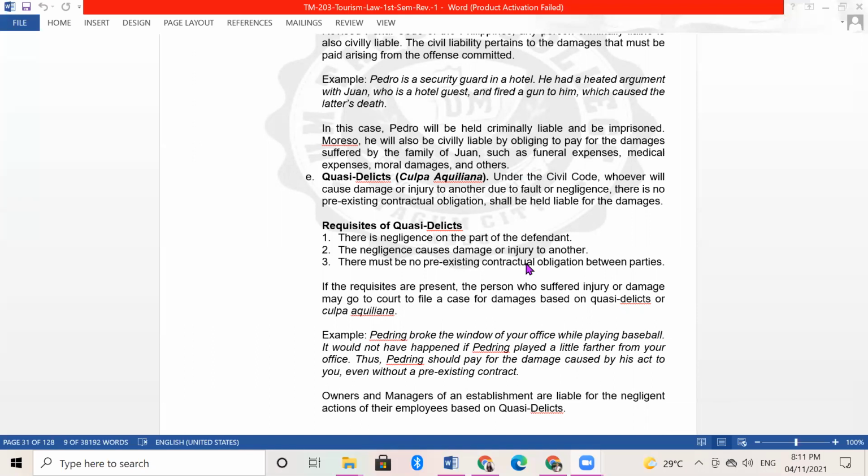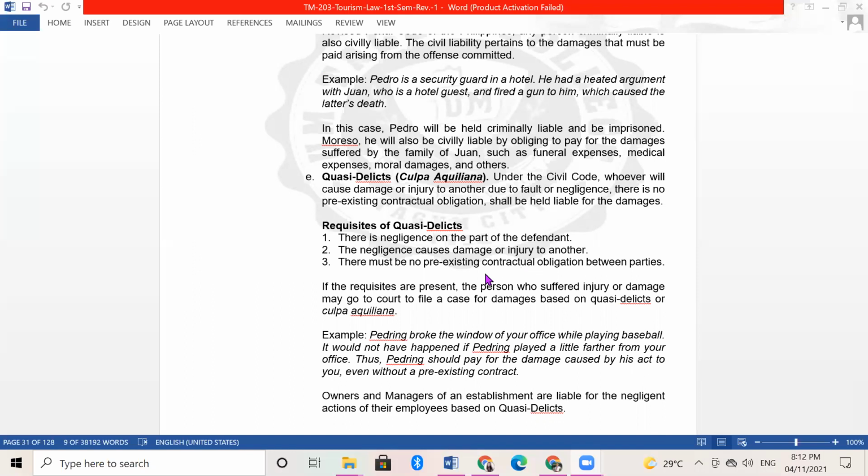Negligence causes damage or injury to another, and there must be no pre-existing contractual obligation between the parties. So if the requisites are present, the person who suffered injury or damage may go to court to file a case for damages based on quasi-delict, or culpa aquiliana.